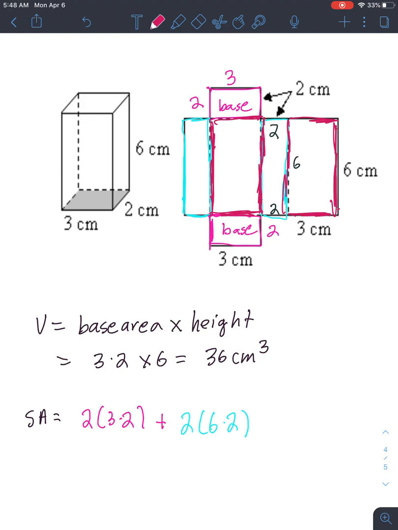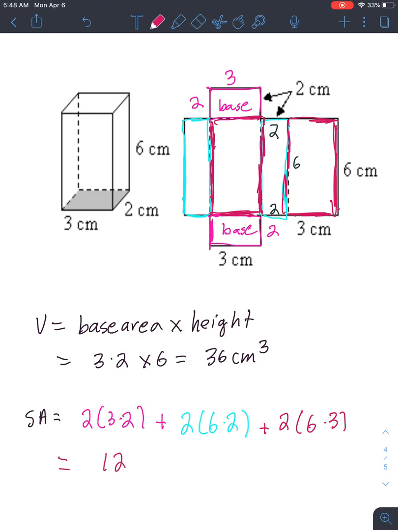And the cool thing about a rectangular prism, especially if you've seen like an Amazon box, I would suggest getting a box and breaking it down and seeing if you get three pairs of rectangles. And so we should have 6 times 3.